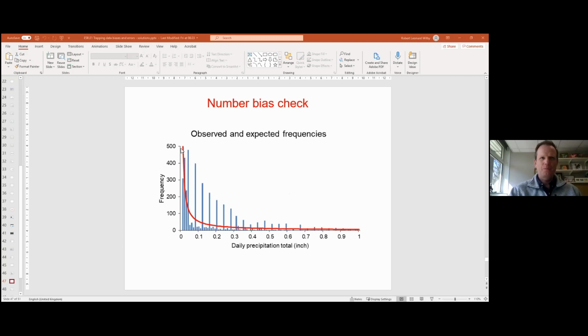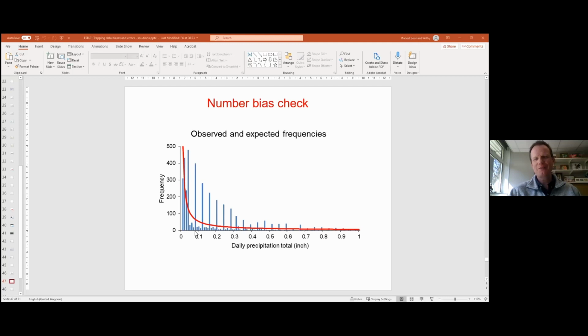Okay, so the red line denotes the expected frequency, and this is from a gamma distribution. Often we'll use a gamma distribution to represent daily rainfall totals. So if we plot the expected value from the gamma distribution against the observed frequency, you can see very clear number bias in the data.